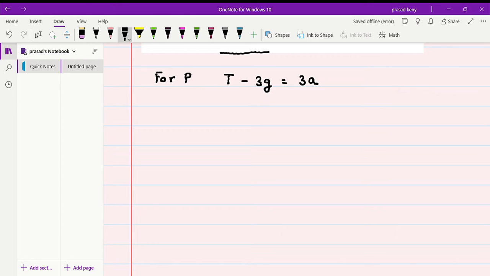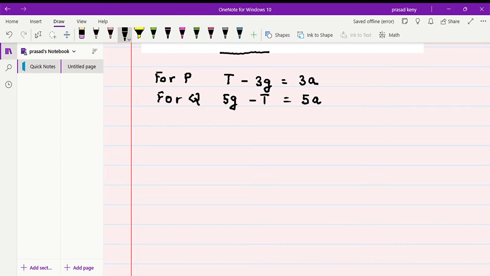Similarly, on particle Q, now particle Q is accelerating down, so 5g minus T is equal to 5a.